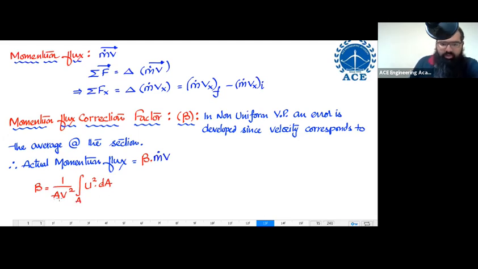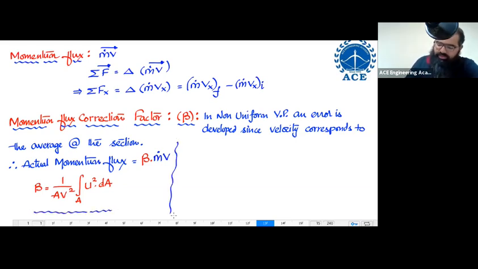A over here is the cross-section area. V is the average velocity. U is the local velocity. And dA is the corresponding area for local velocity. All these things I have discussed in alpha also, so I'm not writing them again. This formula you have to remember.